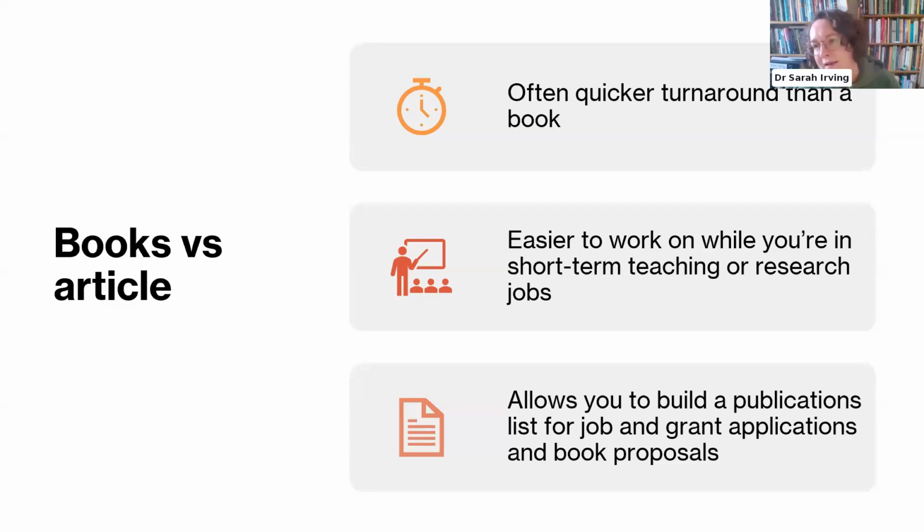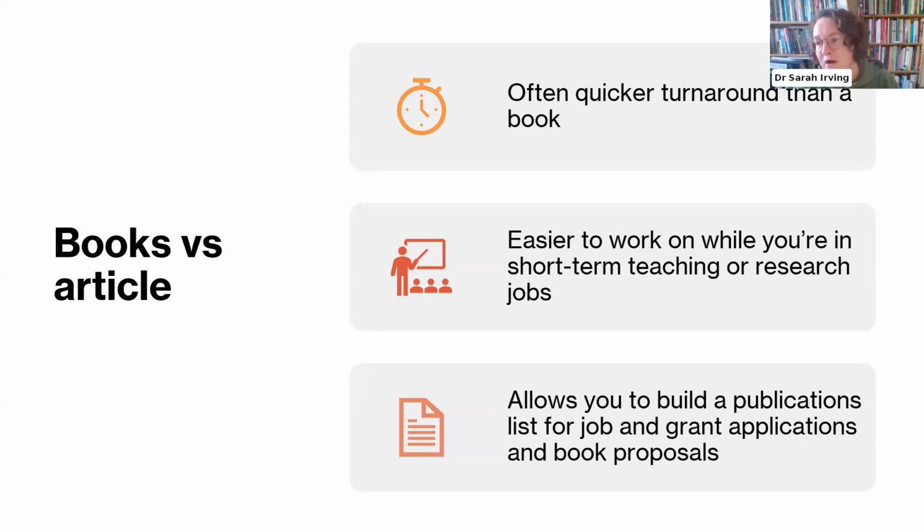particularly I think for people in humanities and social sciences, but also in some other disciplines as well, there is often a pressure in your head during your PhD to publish as a book.